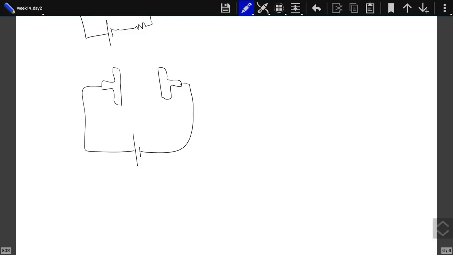If we put some conductor over here, the left-hand side will be positively charged, the right-hand side will be negatively charged. So there will be an electric field created, and electrons will just move in this direction. The electrons will be picked up by this positive charge and sent to the battery.